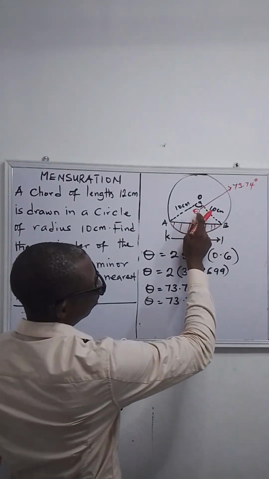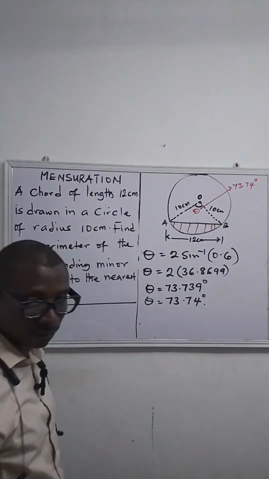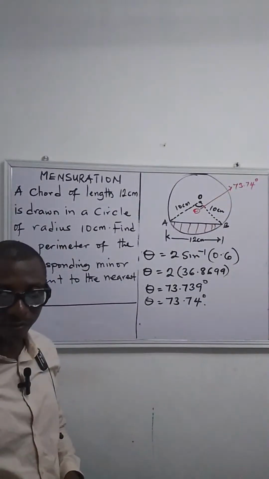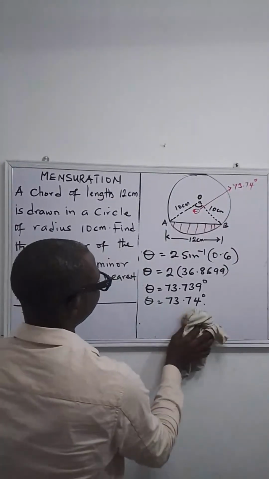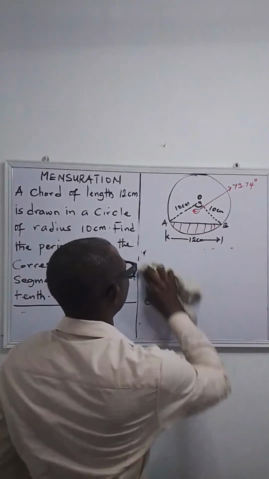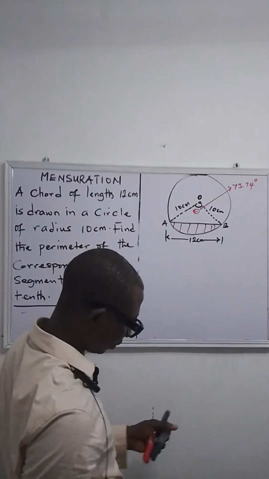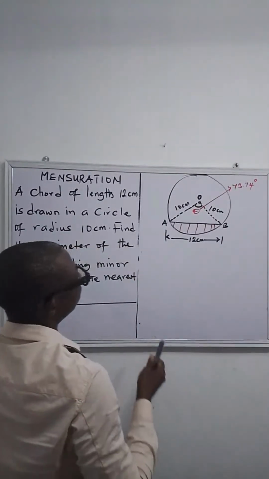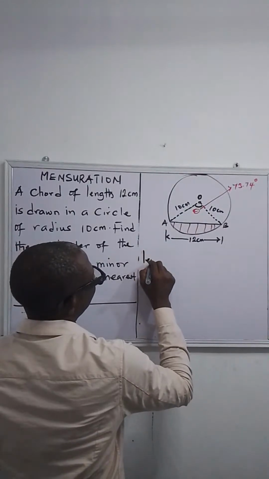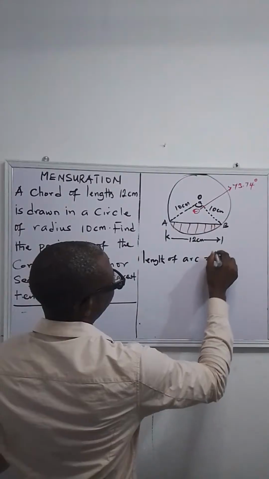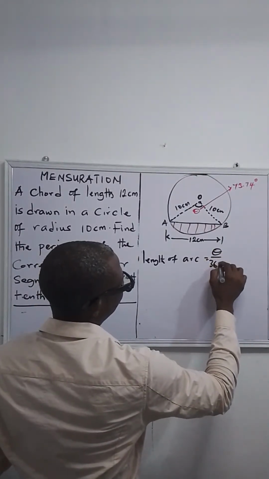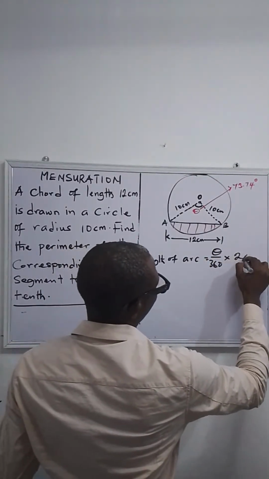So now that we have gotten the angle, we can now bring out the formula for calculating length of an arc. Okay, so let's bring that out. Okay, so we have length of arc equals theta over 360 times 2 pi r.